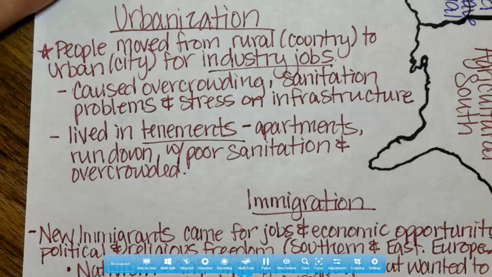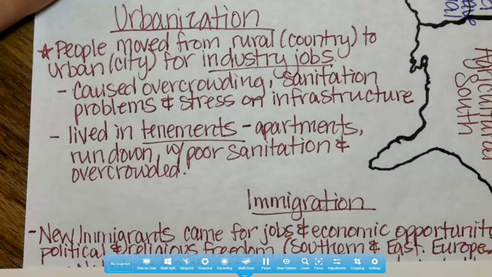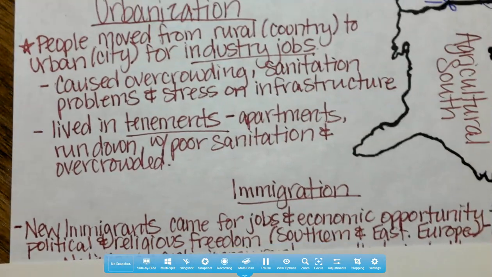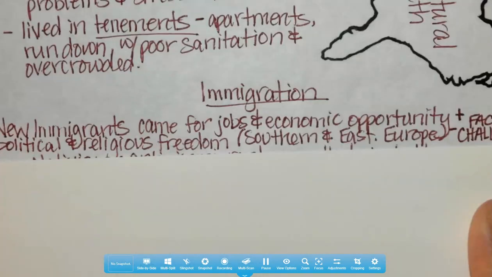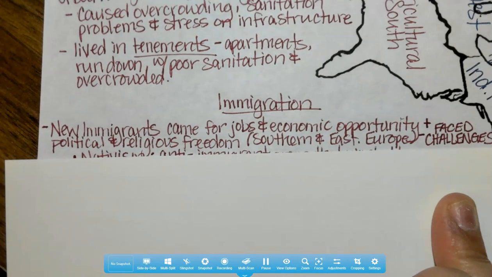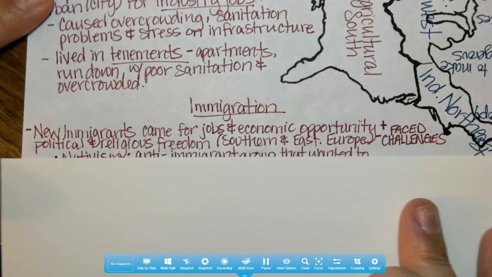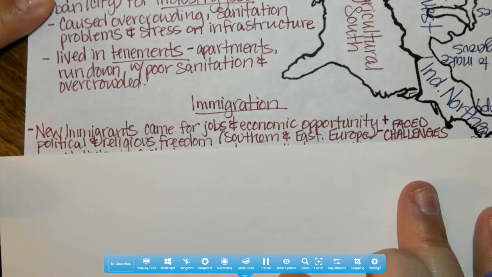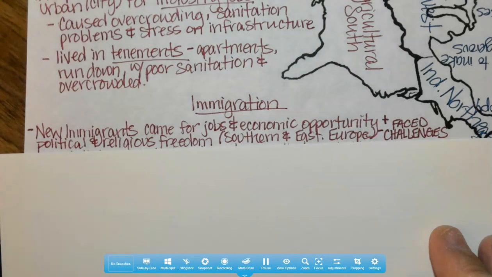Okay? And then we're going to add kind of another category right down here, and that is immigration. The weird thing about the United States, and it's really kind of funny, if it wasn't so horrible, it would be funny, but it's pretty bad. Pretty much every group of immigrants that come here to the United States, the new group gets all the crap. Oh, those old immigrants were great, but man, these new ones, how are we going to live with this?